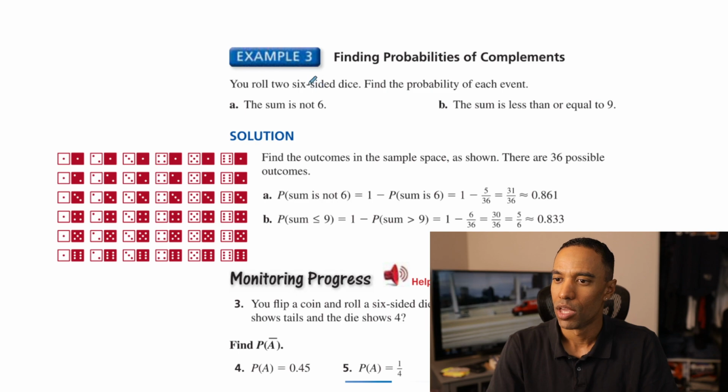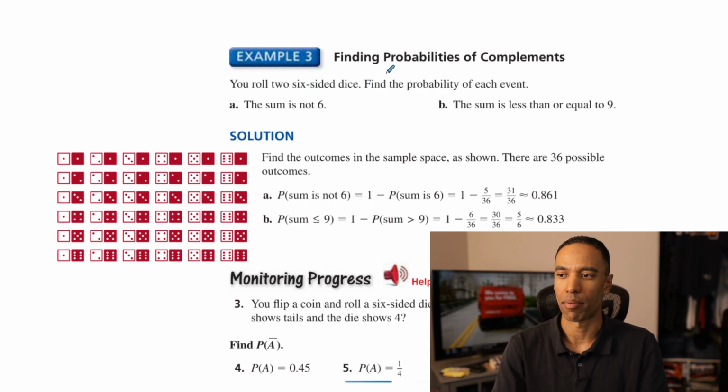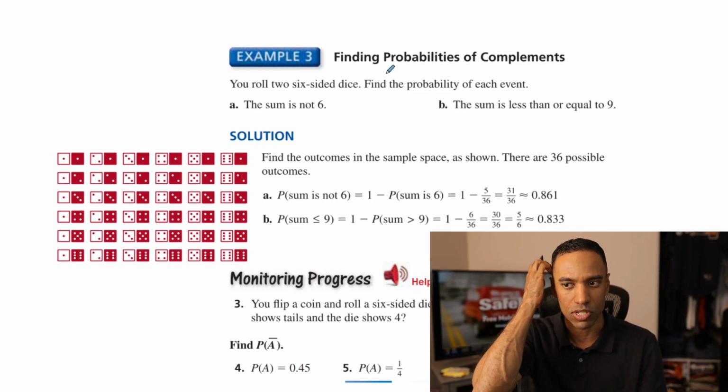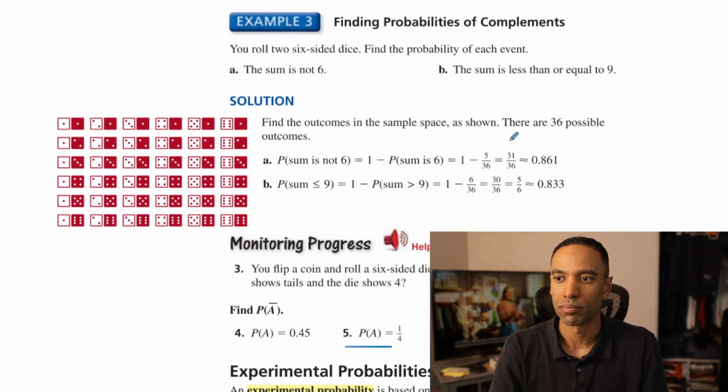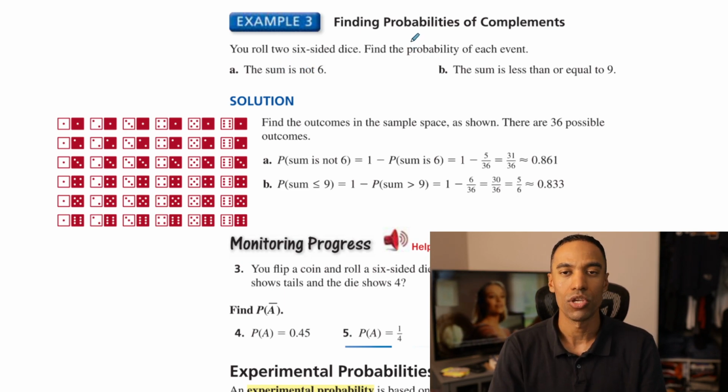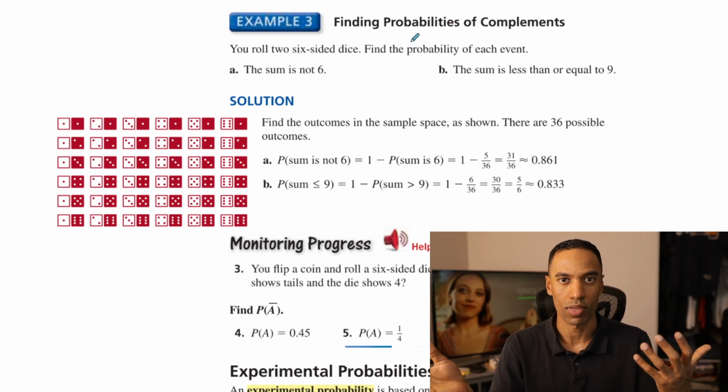So you roll 2 6-sided dice, find the probability of each event: part A, the sum is not 6, and part B, the sum is less than or equal to 9. Now, you can do this one of two ways. If you want to find that the sum is not 6, you could find every sum that's not 6 and do that.